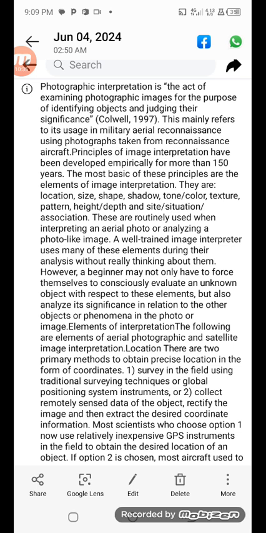Then you can also collect remotely sensed data of the object. You get to do photo rectification of the image. Sometimes you're not able to even tell the time it was taken, but you rectify the image and try to find the size, because in the background you'll be able to see little items, so at least you try to magnify them to be a replica of the object in real life.